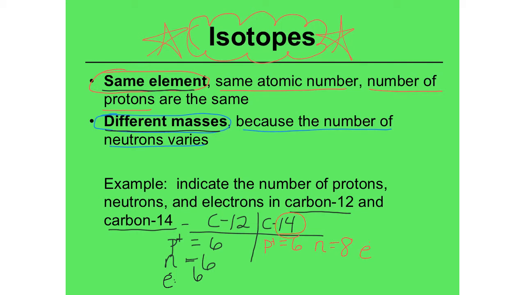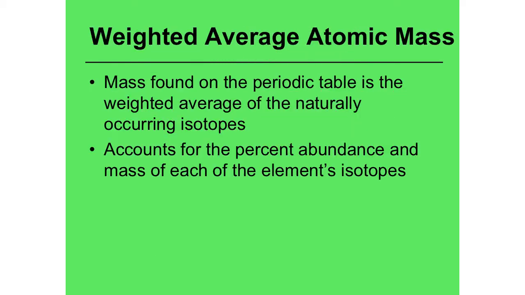And the electrons would still be 6 because there's no charge, so we have an equal number of protons and electrons. So we can see that they have the same protons, same electrons, but they do have a different number of neutrons, which then will give them a different mass.